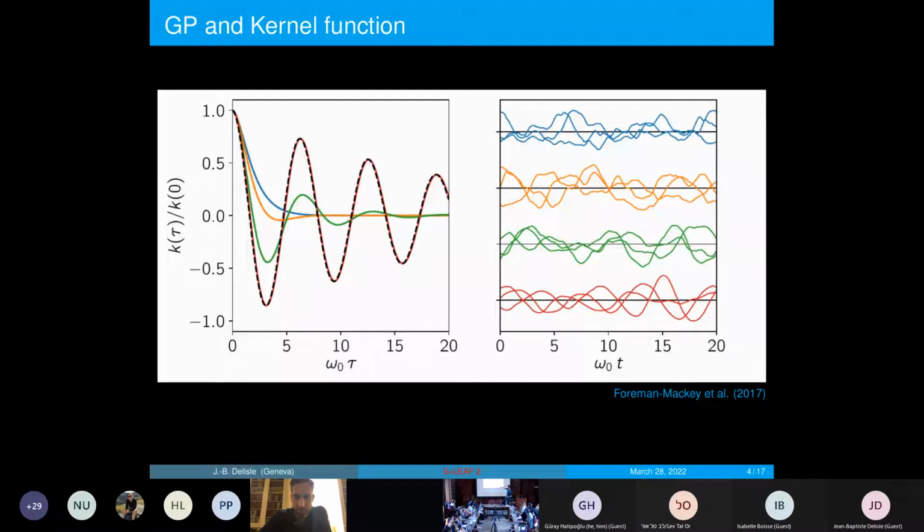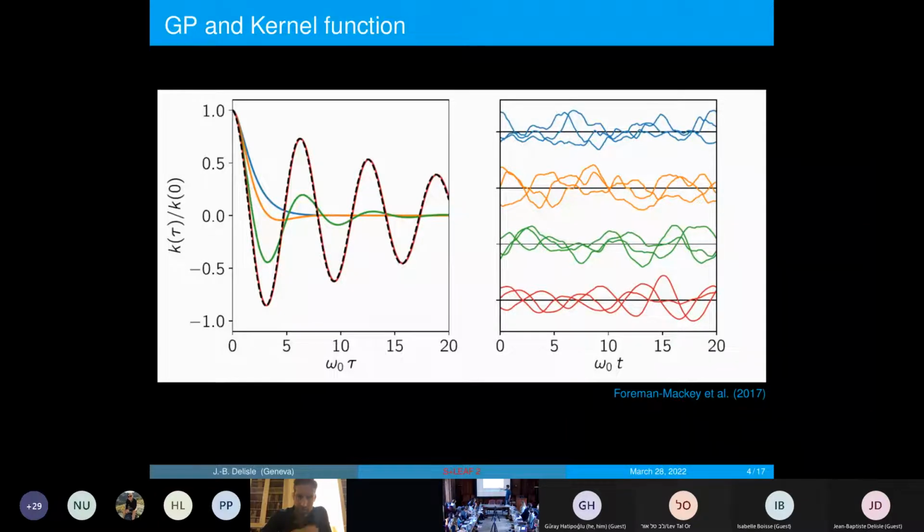And we see that depending on the kernel, for instance, the blue one is only a decay, and the red one has some strong correlation here at a given period and strong anti-correlation at half the period. We see that the time series behave differently, and here we have something that is very similar to a sinusoid.